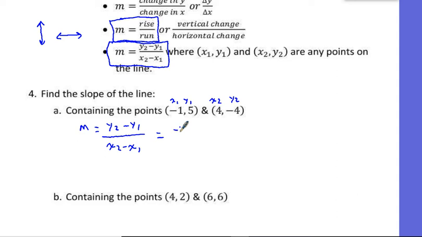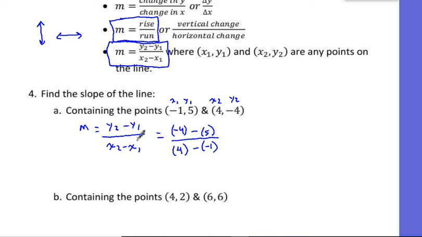y2 is negative 4 minus y1, which is 5, divided by x2, which is 4, minus x1, which is negative 1.